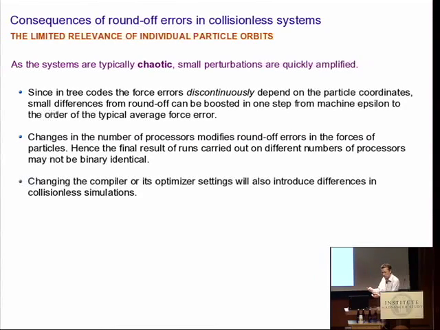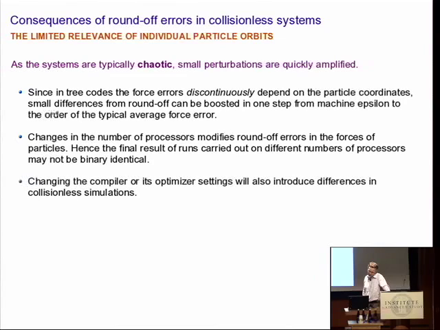And if that happens, you get a glitch in the force error. It jumps to a completely uncorrelated value, and that will put the particle off track. So you are diverging, with the Lyapunov exponent, even faster than exponentially normally, because you get these discontinuous jumps in the force errors once you have round-off that differs between different calculations.